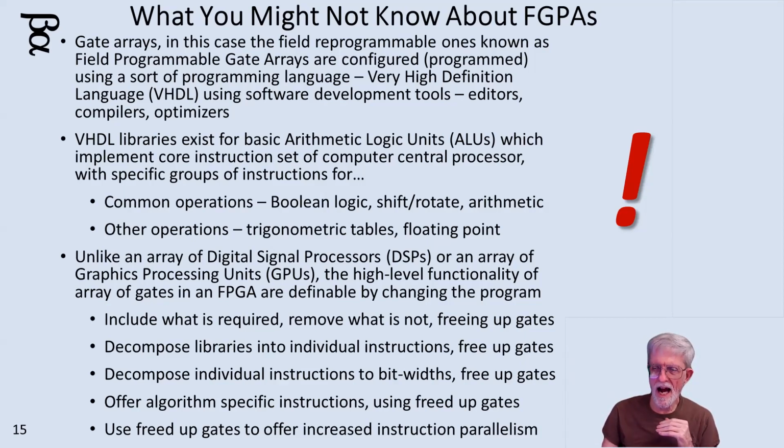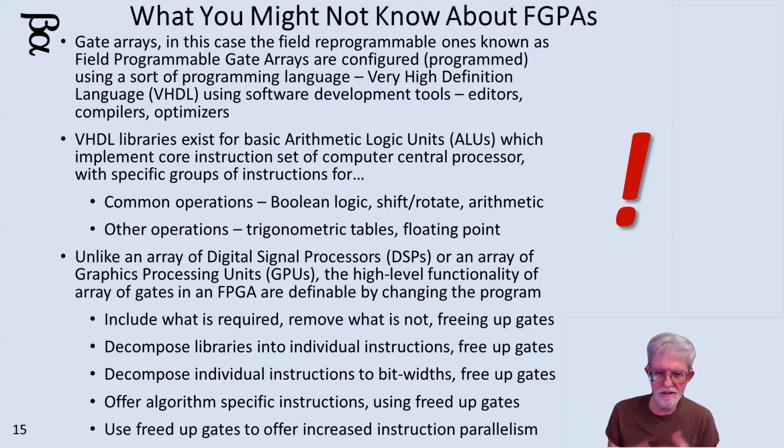If you say, I want to make a digital signal processor, but I don't need all those floating point things. I just need the integer, or I just need positive integers, or I don't need 128-bit and 256-bit. I just need 8-bit and 16-bit. So you can decompose those libraries to make the instruction set occupy fewer gates and run faster.